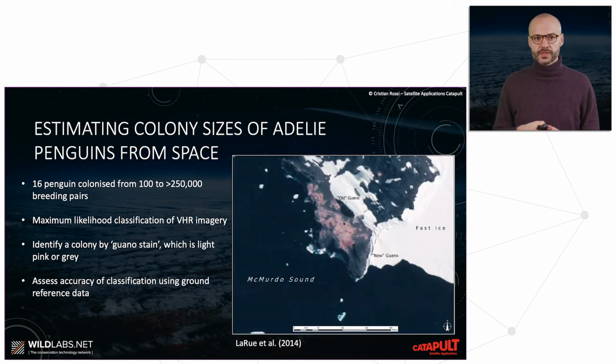Moving a bit more into conservation, we have applications such as estimating colony sizes of penguins from space. This is quite a funny one, maybe, because an estimation of penguins in this case has been done in 2014 by looking at penguins' excrement, which appears, from space, as some color like pink or gray, as we see over there.